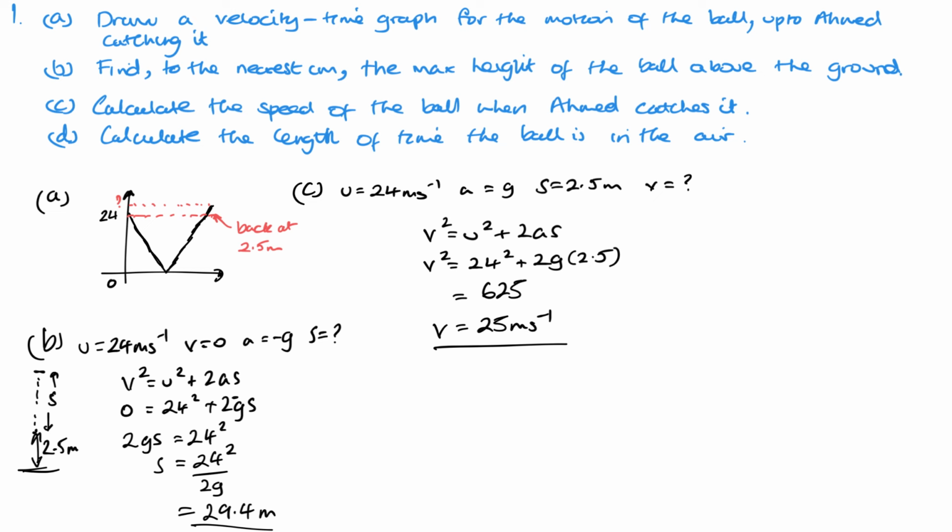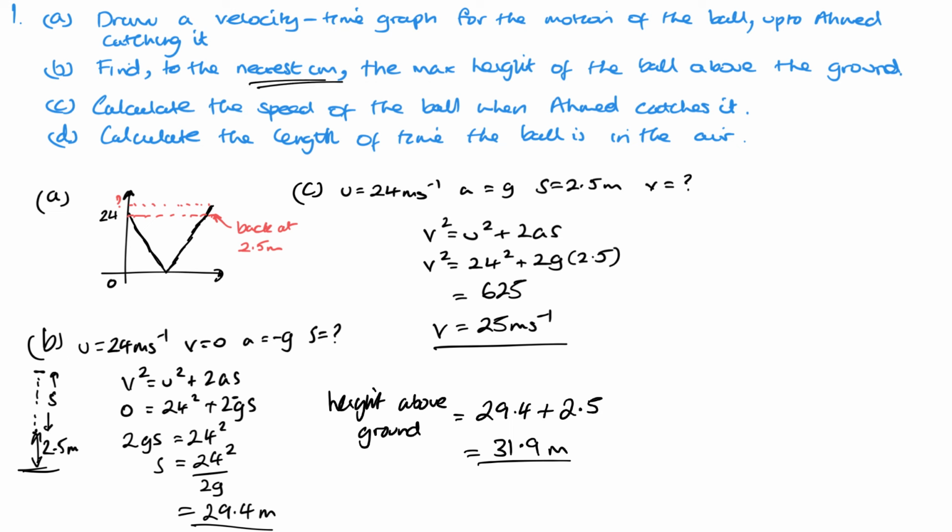Now that is just the distance above the machine, isn't it? So height above ground is going to be my 29.4 plus my 2.5, and that gives us 31.9 meters. Now just double checking the question, it is actually to the nearest centimeter, so it's actually 31.89 meters to the nearest centimeter.